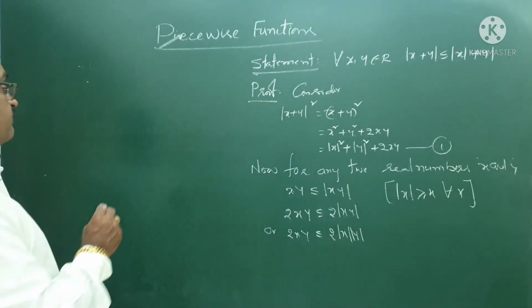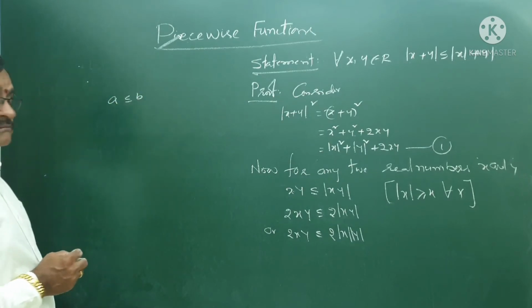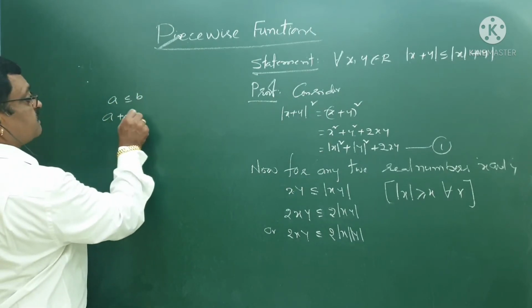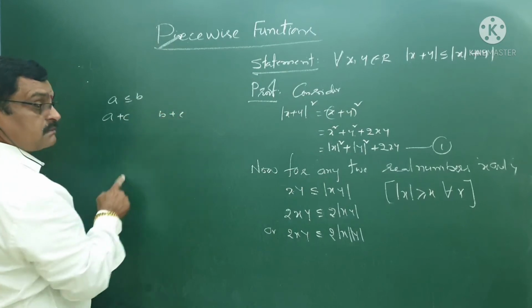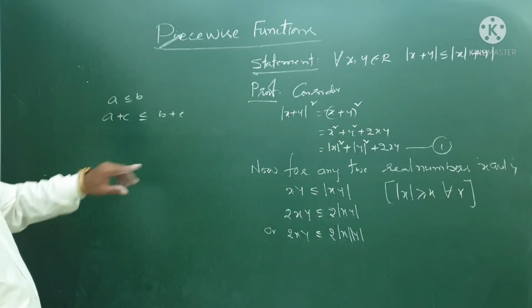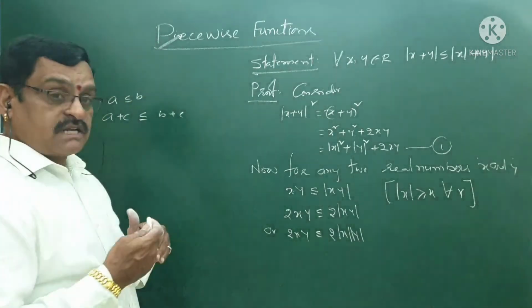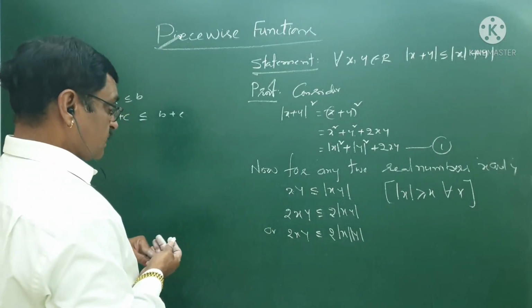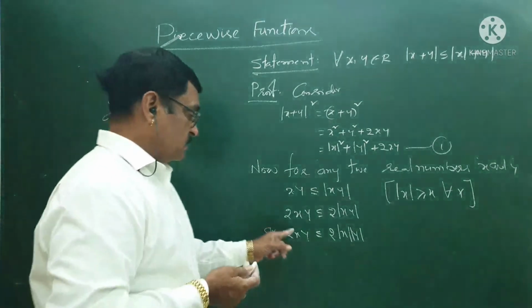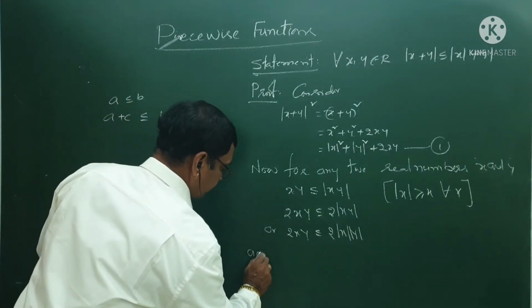Now we know very well, if a is less than or equal to b, if I add a positive quantity on both sides, the inequality won't change. So by adding a positive quantity, the inequality does not change. Right. So I add a positive quantity on both sides.